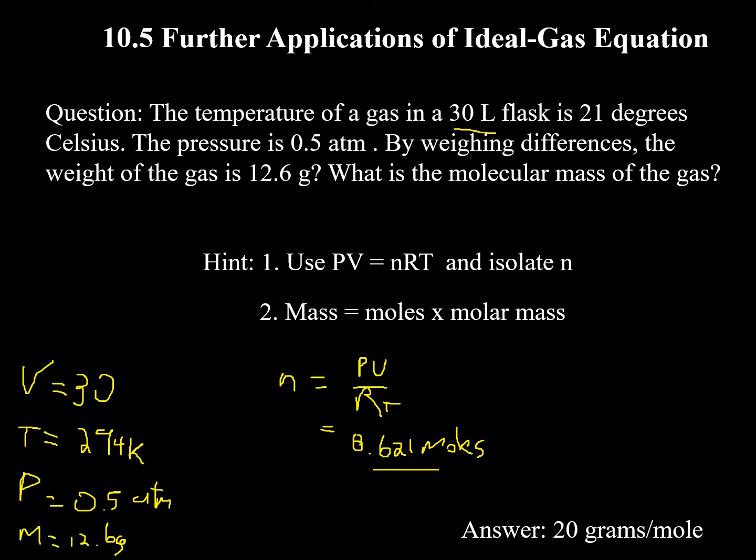Once we have the moles, we know the mass here, so we can find the molar mass. I can just write molar mass is equal to mass over moles, and we find our molar mass: 12.6 divided by 0.621 equals about 20.2 grams per mole. So that's our molar mass.